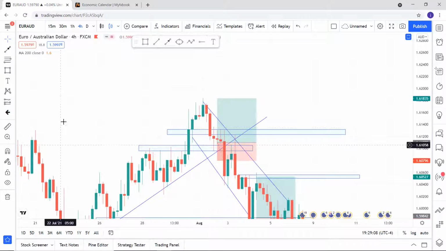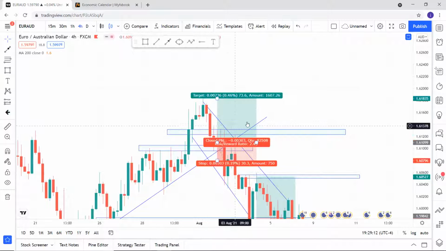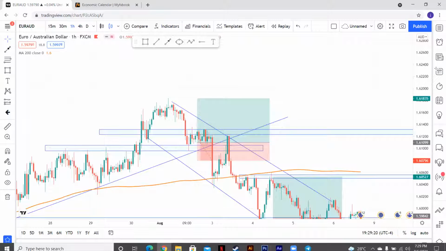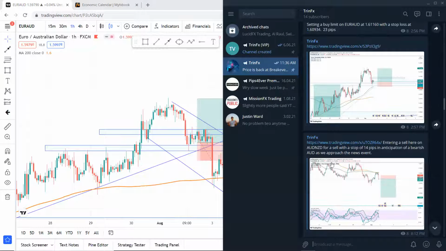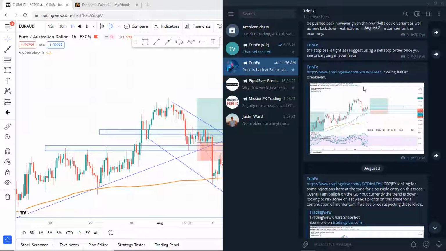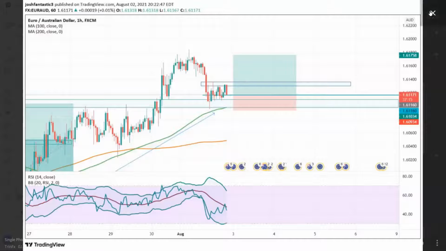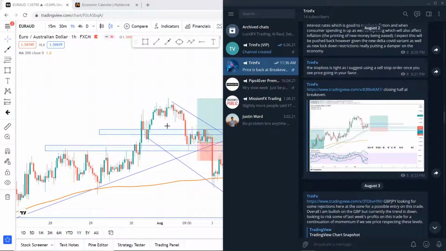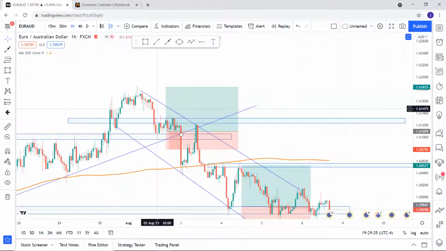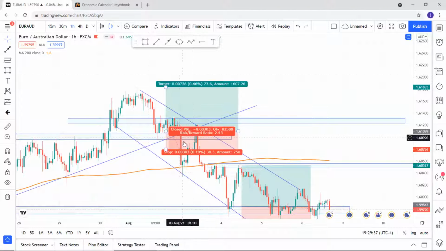If it was going to continue, we would have either gotten a close into that area and maybe a break above slightly. At that point, I would have stayed in the trade, but we had all those rejections. So here it is: close half at break even, and we left another half position running, just in case we did have that push upwards.